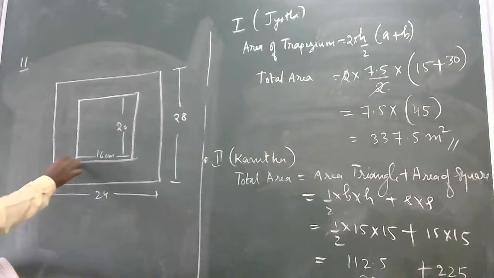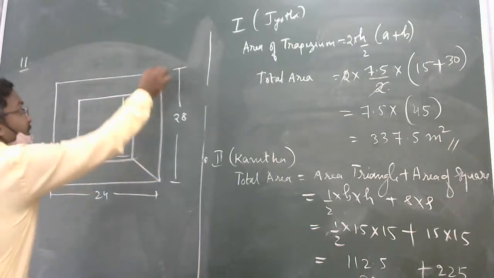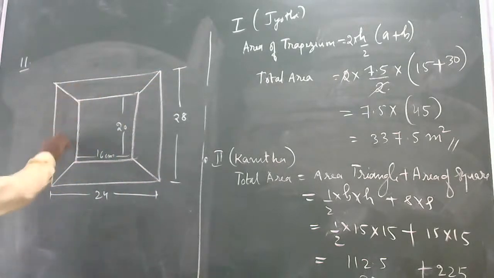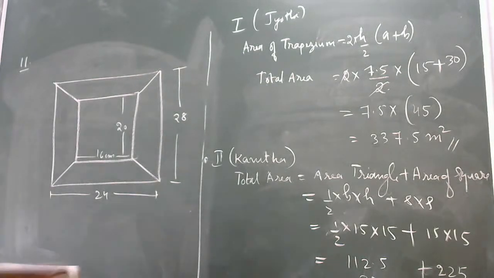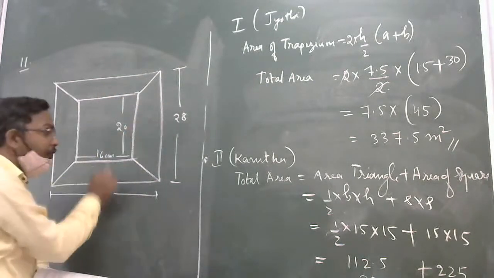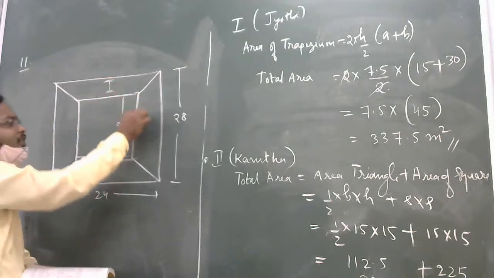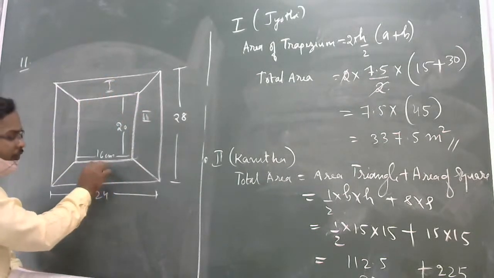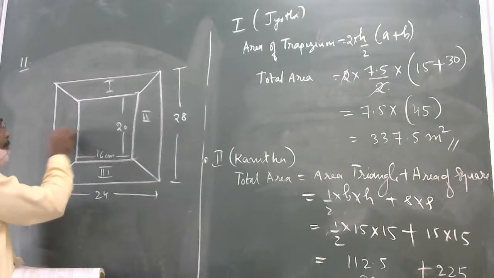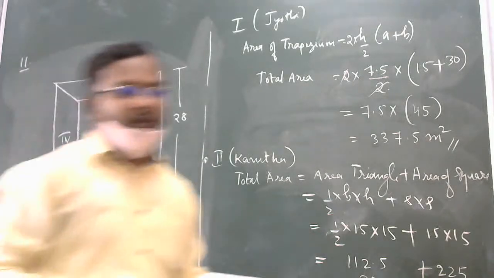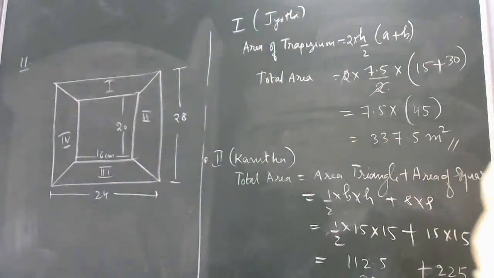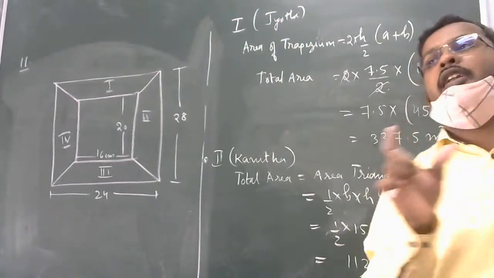Okay. So now this frame has 4 sections: 1, 2, 3, 4. They are asking you to find the area of each section of the frame. That means you have to divide it into 4 parts and find the area of all these 4 parts individually. Also, they have given that the width of the frame remains the same.